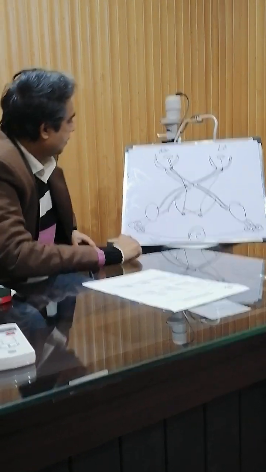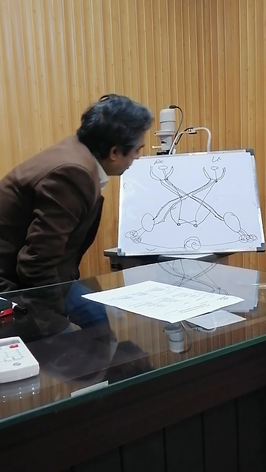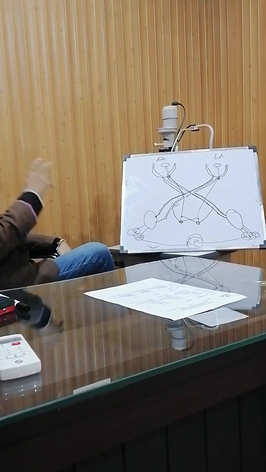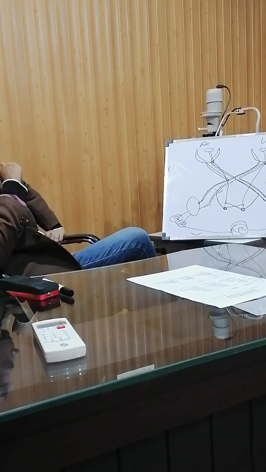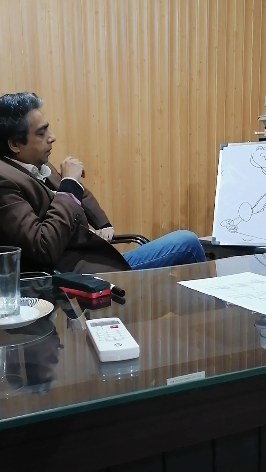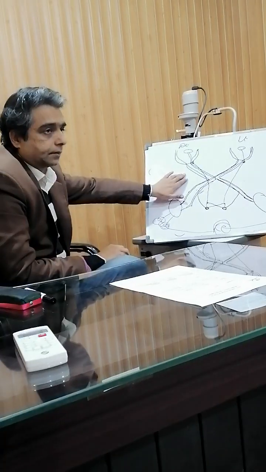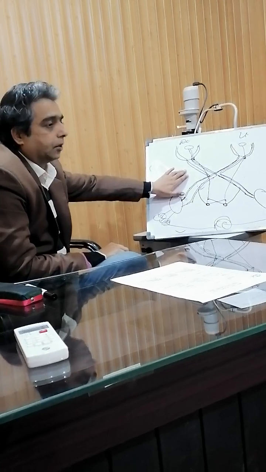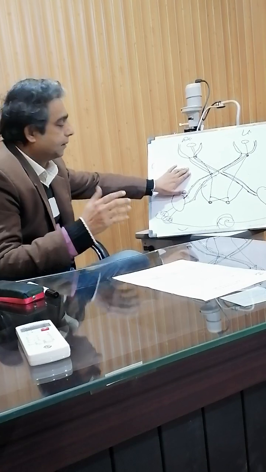so now we will discuss the clinical implications of the visual pathways. As I told you, the optic nerve is a sensory nerve, and the third nerve, the oculomotor nerve, is the efferent and motor nerve.